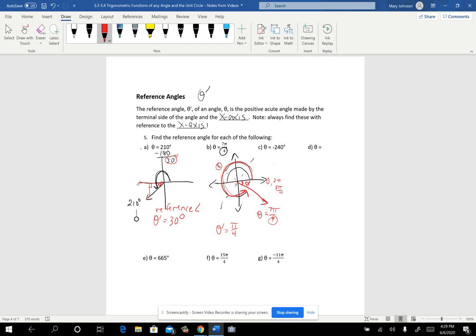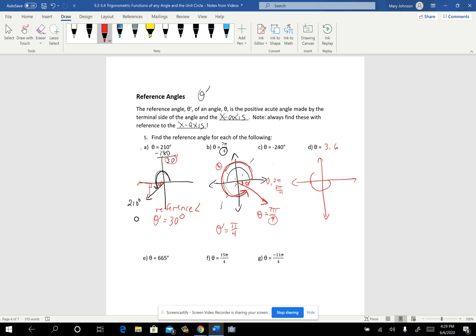All right, let's look at negative 240. I'll bring this one down to the next line; it was supposed to be 3.6, I must have cut it off. Okay, let's do negative 240. The negative means you're going to go in a clockwise rotation, so you're going to go around this way. That would be 180, and you have to go past 180.